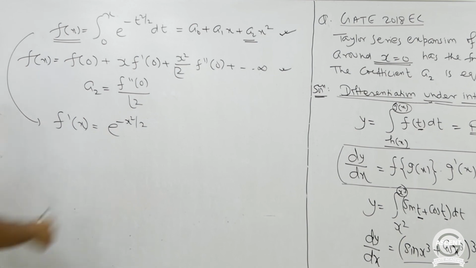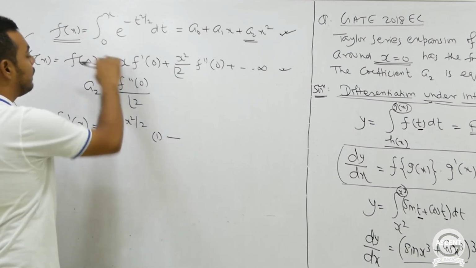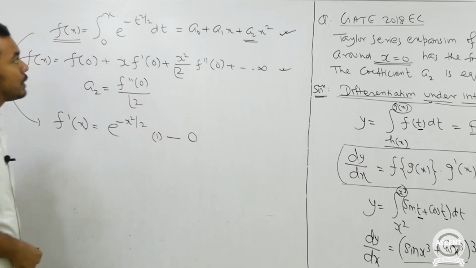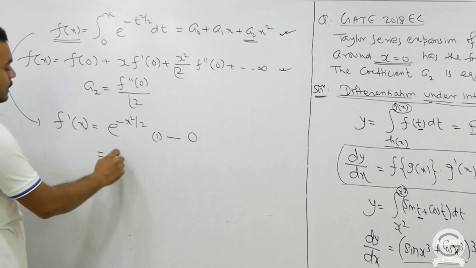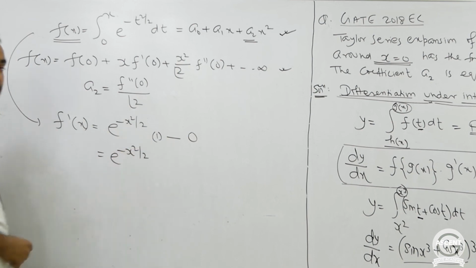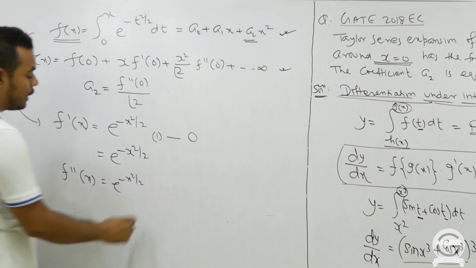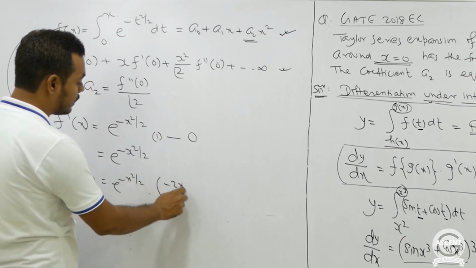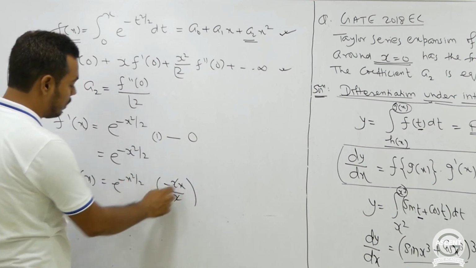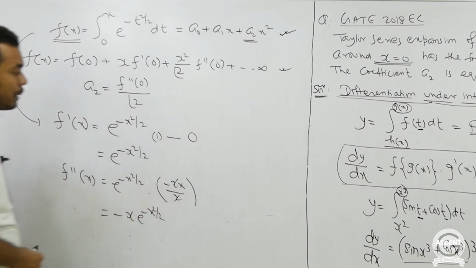Then multiply by the derivative of the upper limit, which is 1, minus the lower limit is constant, so its derivative will be 0. So f dash x is e to the power minus x square by 2. Now the second derivative will be e to the power minus x square by 2 into the derivative of minus x square by 2 with respect to x. This gives us minus 2x by 2. Finally you will get minus x e to the power minus x square by 2.